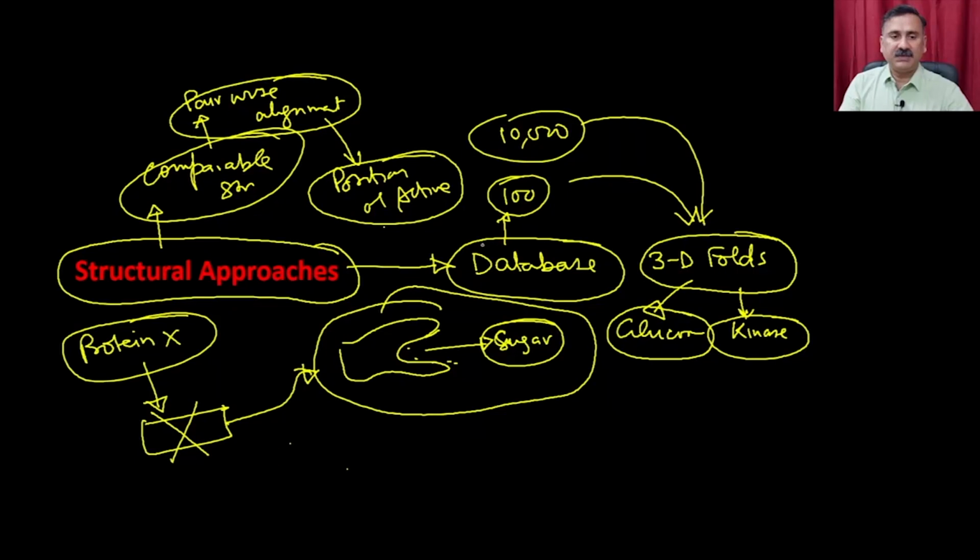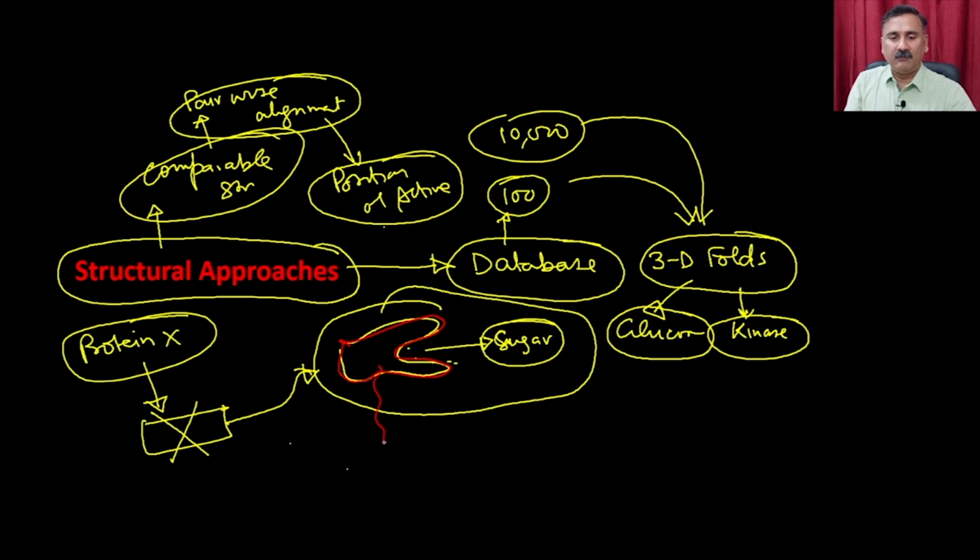And then the third approach is the structural approach. The structural approach and the bioinformatics approach are going to have the same flow, because when you have the proteins, you can look into the databases, and taking the information from the database, you can have the three-dimensional structure of this particular protein.